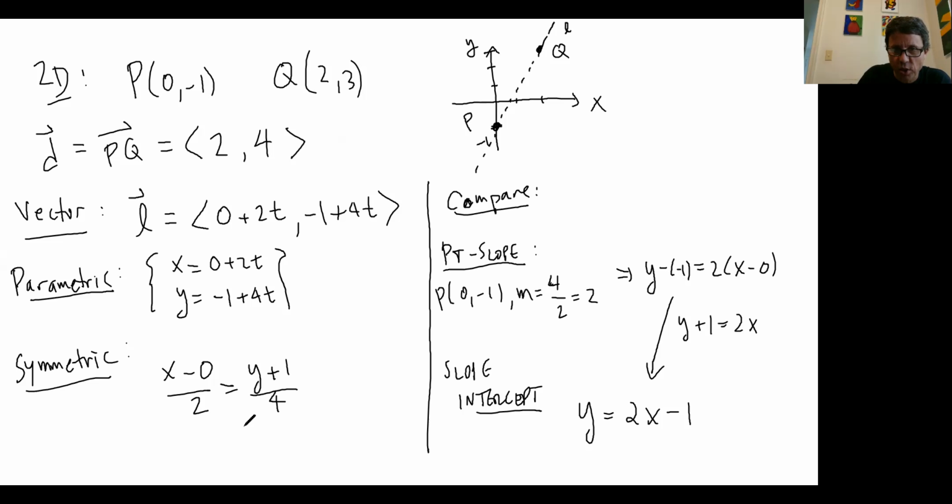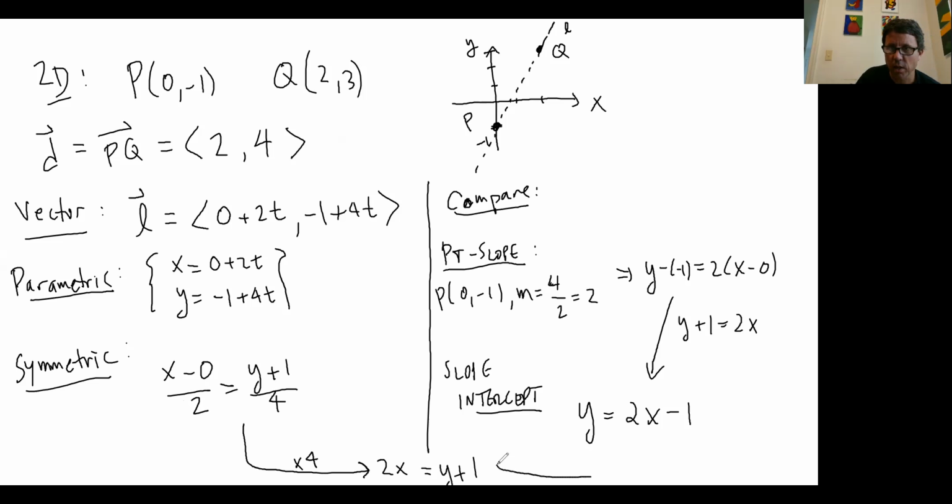And you might notice it, look at this symmetric one here. It compares really well. What happens if we multiply both sides by 4? Well, if you multiply this by 4, then the 2 and the 4 will cancel and we just get 2x on that side. What happens if I multiply this by 4? Well, the 4s will just cancel, and I'll get y plus 1.